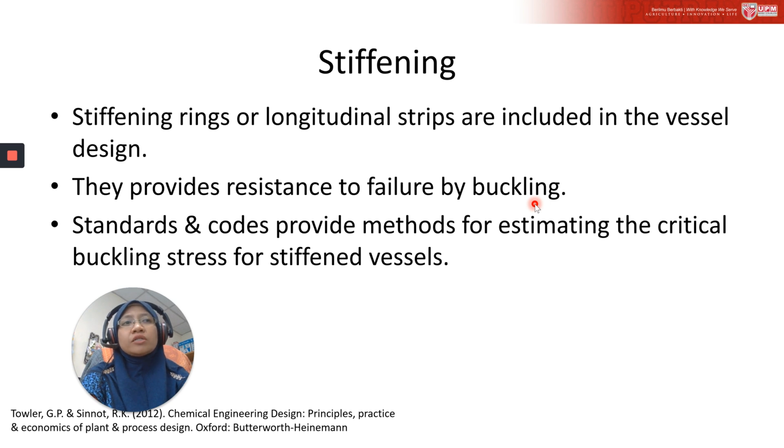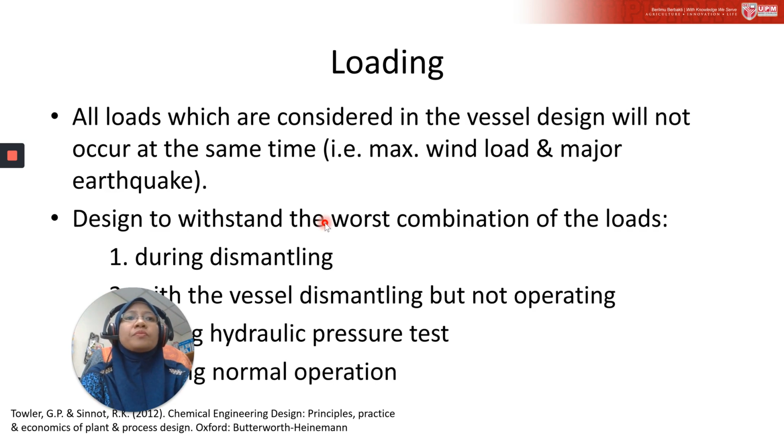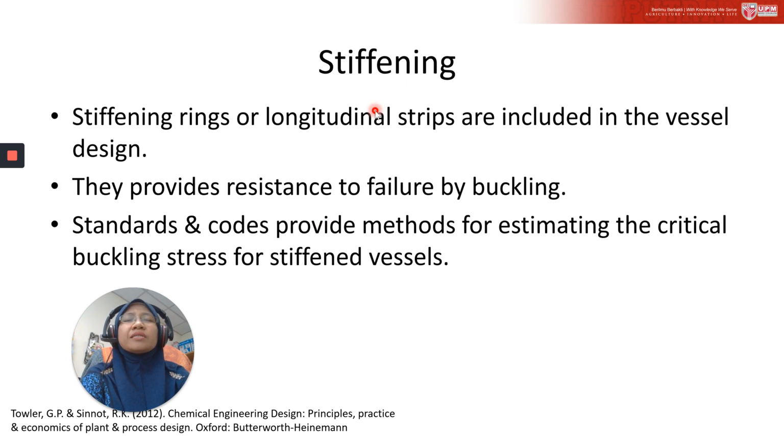If let's say your design has 6 stiffening rings, there is a special equation for this, and you need to refer to a standard that provides a method to calculate buckling for designs with stiffening rings. So sorry, it's basically to calculate the buckling at the stiffening ring.